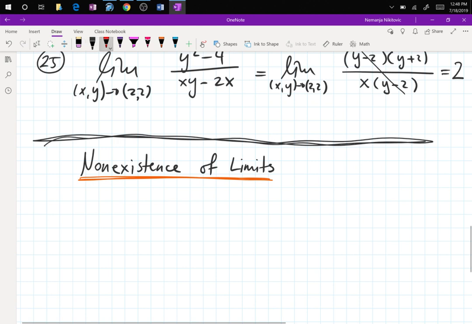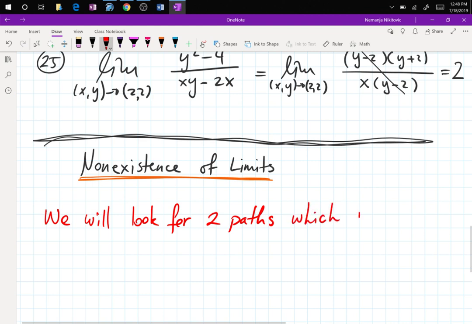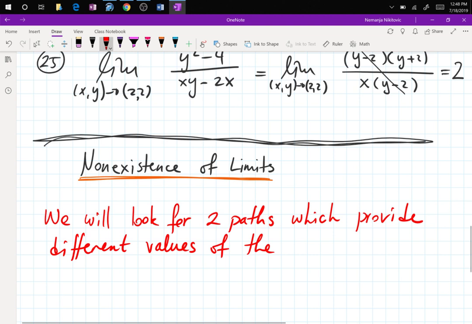For this one, we will look for two paths which provide different values of the limit to claim non-existence of the limit.